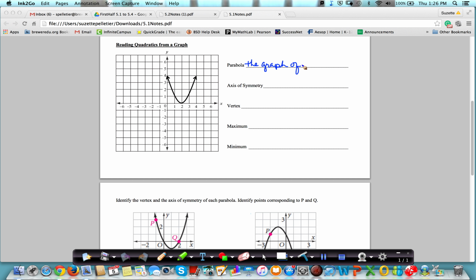The axis of symmetry, which I oftentimes abbreviate to AOS, is a line that divides a parabola into two congruent halves.